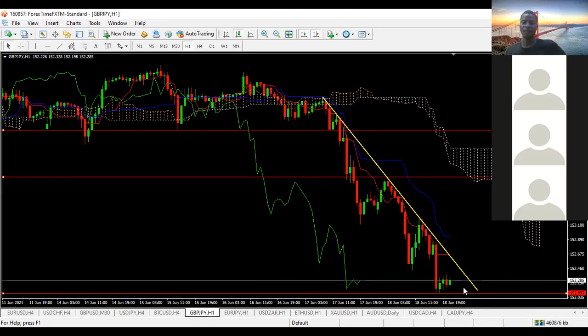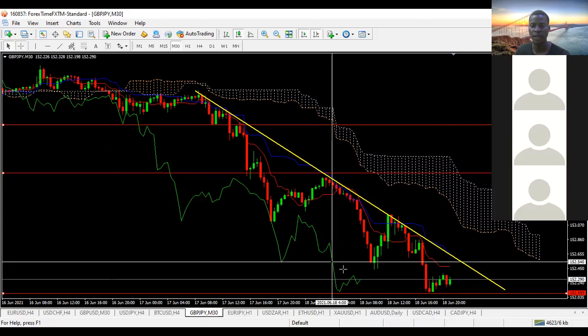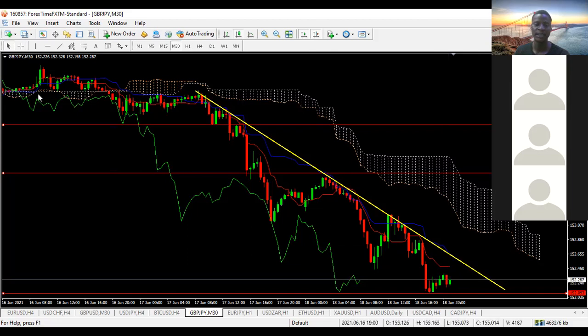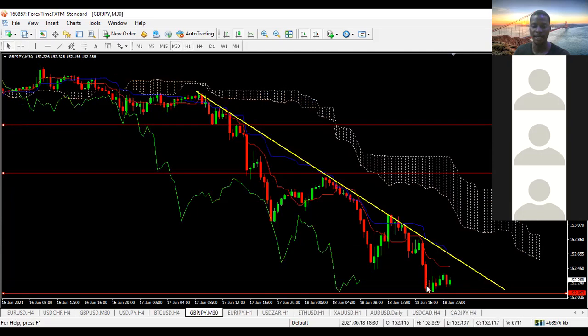So a clinical entry like this is on a lower time frame. You can see something like this on a higher time frame and buy from year to year. It will be a big move. If this is daily, something like it, definitely there's this. But this is 30 minutes, so you don't need to enter the buy that is forming here.